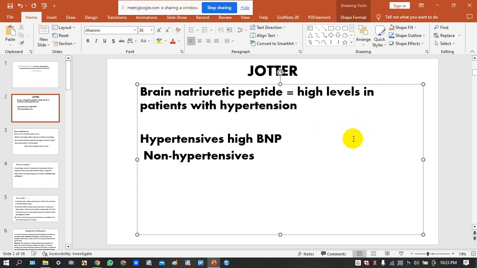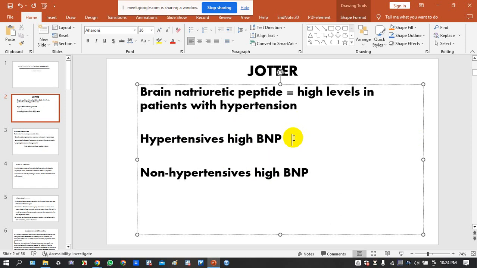But you realize that the controls are also having high BNP, and there is no statistical significance. The hypertensives have BNP of 100, then the non-hypertensives also have BNP of 100 or 101.